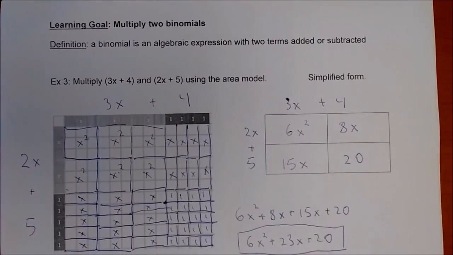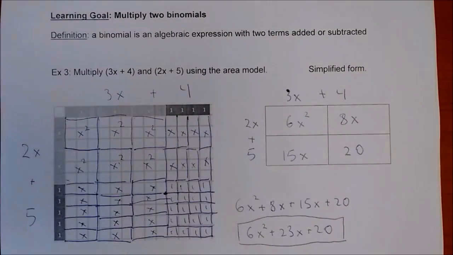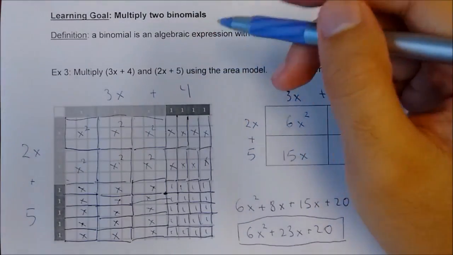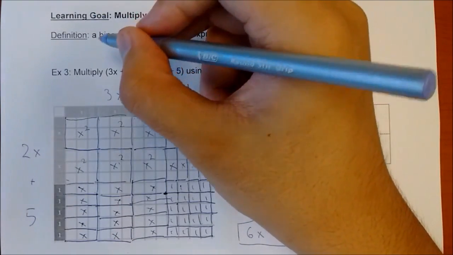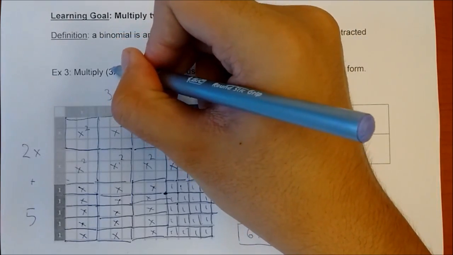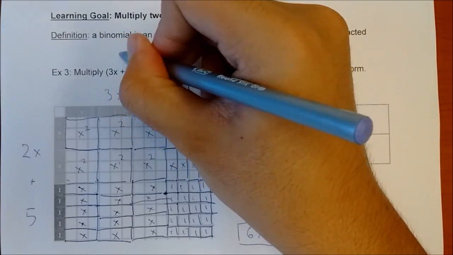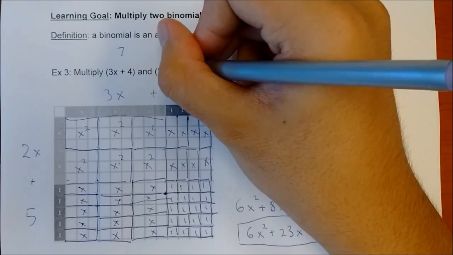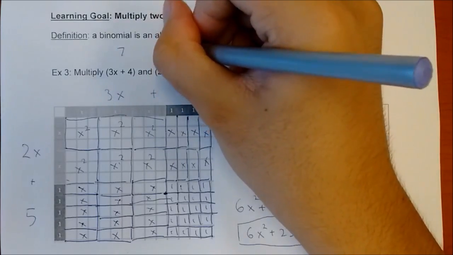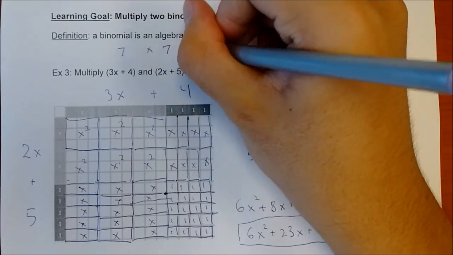And in order to check our work, we're going to first substitute in x equals 1 for both the binomials and the trinomial. So when we're multiplying 3x plus 4 and 2x plus 5, if we substitute in x equals 1, 3 times 1 is 3, plus 4 is 7, and 2 times 1 is 2, plus 5 is also 7, and 7 times 7 is equal to 49.